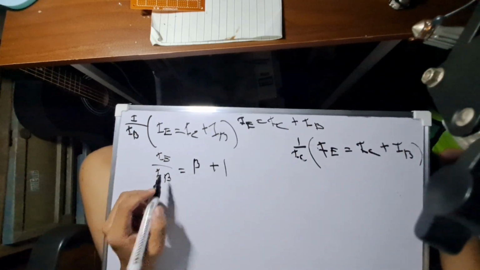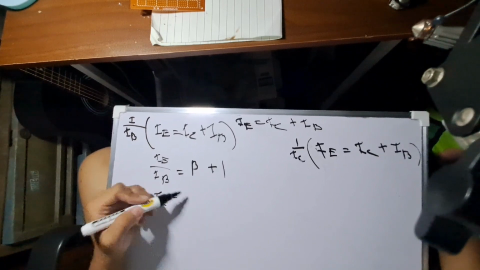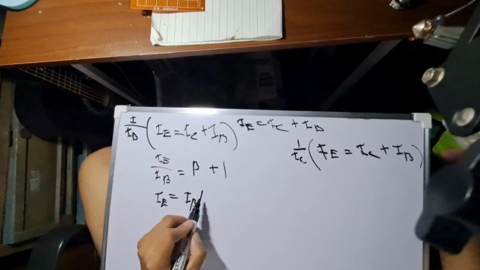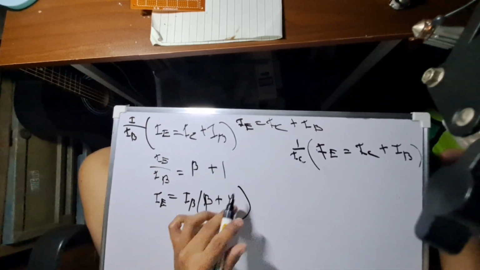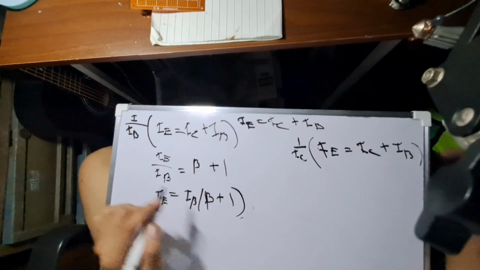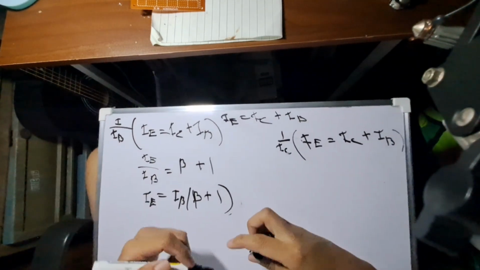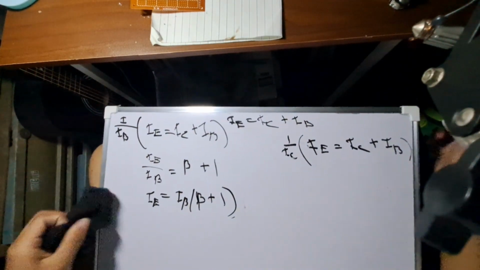So multiply tayo ng IB, we'll have IE is equals to IB times beta plus 1. Ayan na yung derivations ng many formulas. So kung titignan mo, parang pinaglaruan mo yung equation na to, and it is very similar to our Pythagorean theorem.